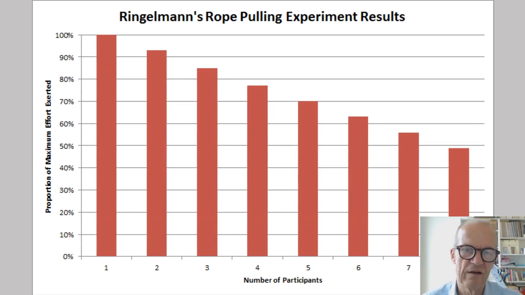You can see here the pulling efforts of participants in a group of 1 or 2 or 3 or 4 or 5, 6, 7 or 8, and you can see there's a nice declining amount of effort related to the size of the group. So the bigger the group, the less individual members of the group are going to put effort in pulling because of the group size. Interesting phenomenon, I think.